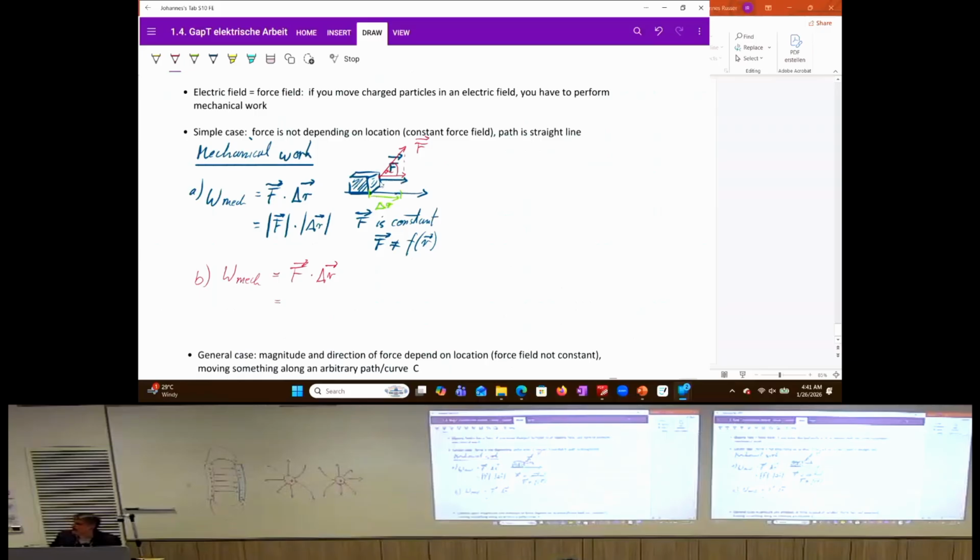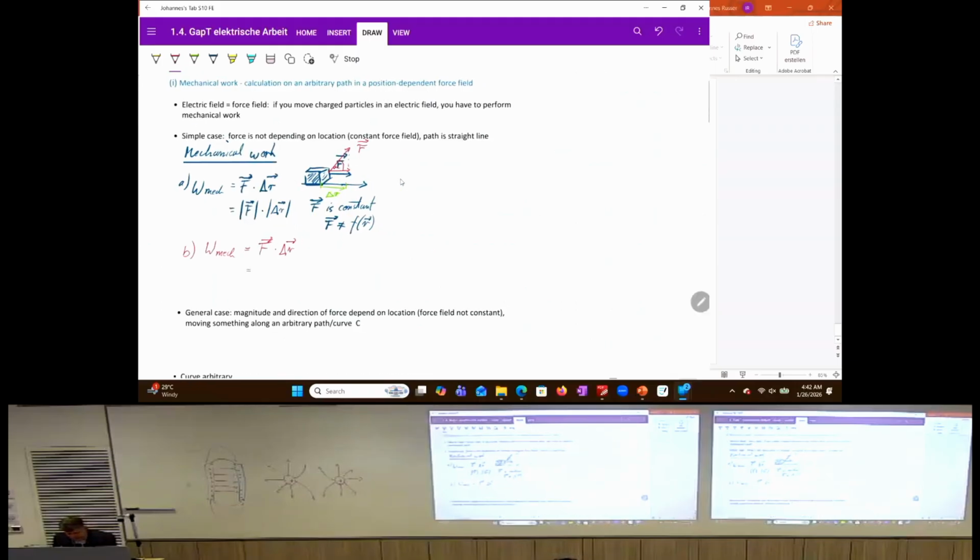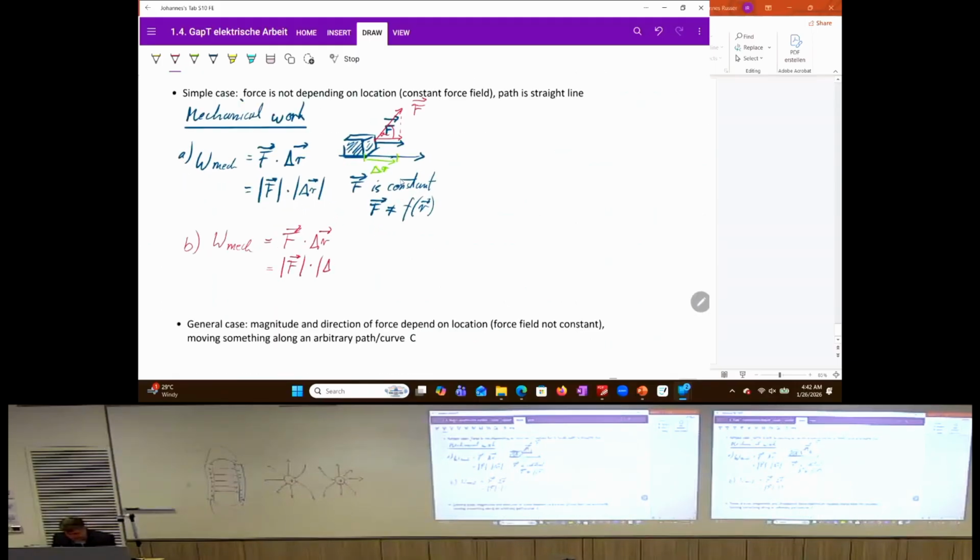Only that component that aligns with the path vector along the path integral is contributing. That means you have F times delta r, also absolute, but adjusted by the cosine of alpha. So you could also say that only the force component parallel to the path where you move the body contributes to the work.